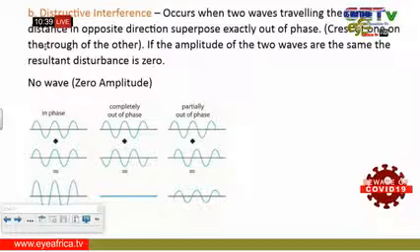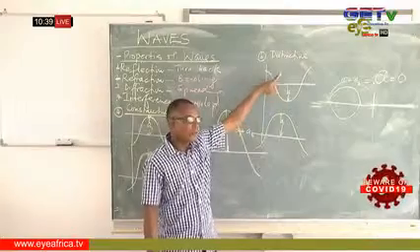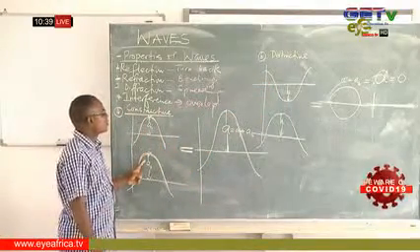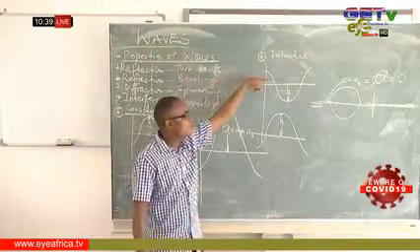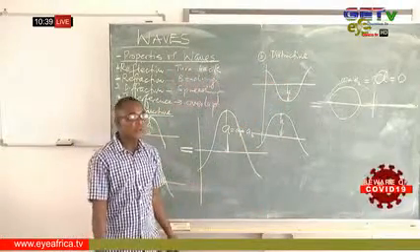You see the first two waves, they are in phase. Here, they superpose in phase, which is constructive interference, and this other one, they superpose out of phase, or antiphase, which is destructive interference. So you see the diagram over there, you see the resultant wave.